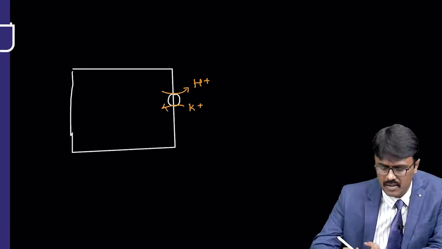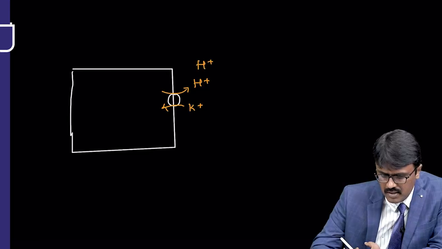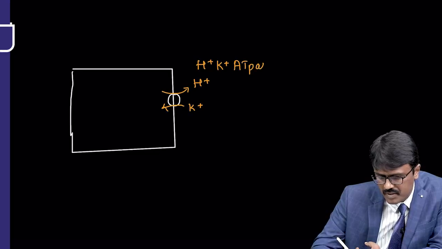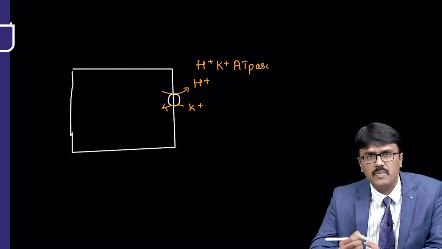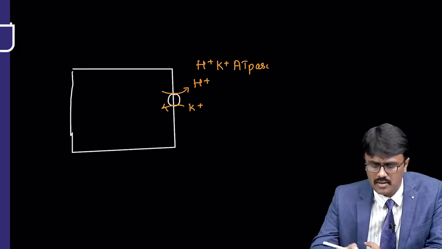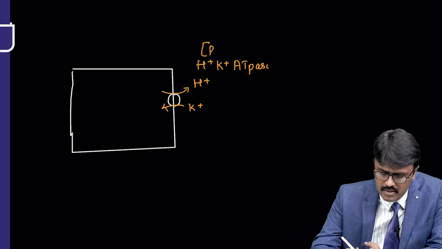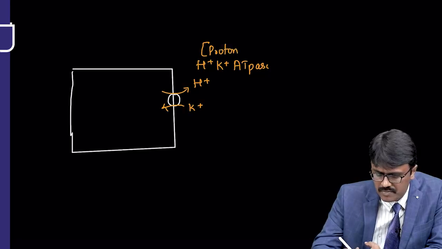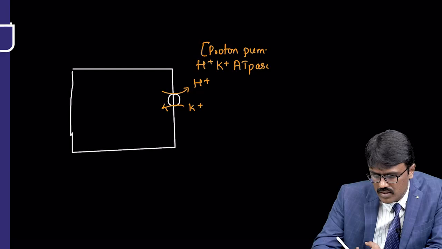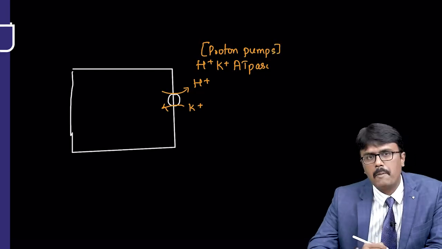So this is also called the H plus K plus ATPase pump. Since it is throwing H plus out, and H plus is also called a proton, these are also called the proton pumps.